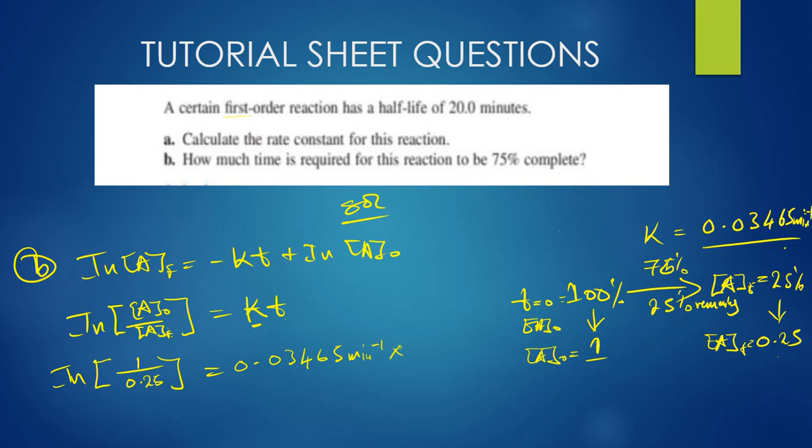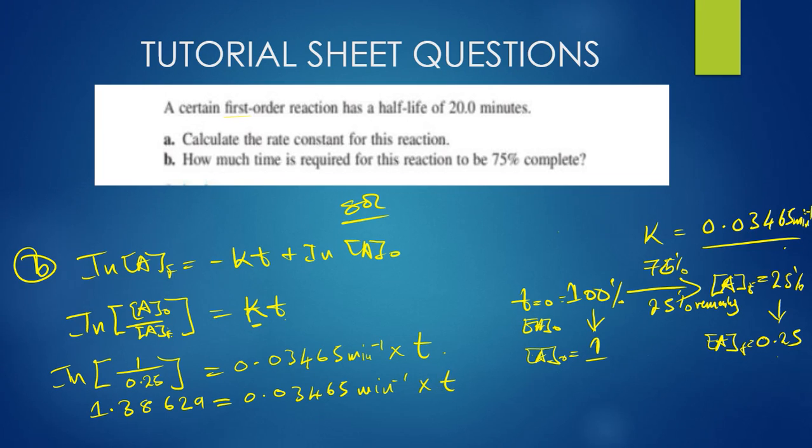And then you want t. So when you do ln of 1 over 0.25 on your calculator, you're going to get something like 1.38629 is equal to 0.03465 times t. Then you want to remain with the time.